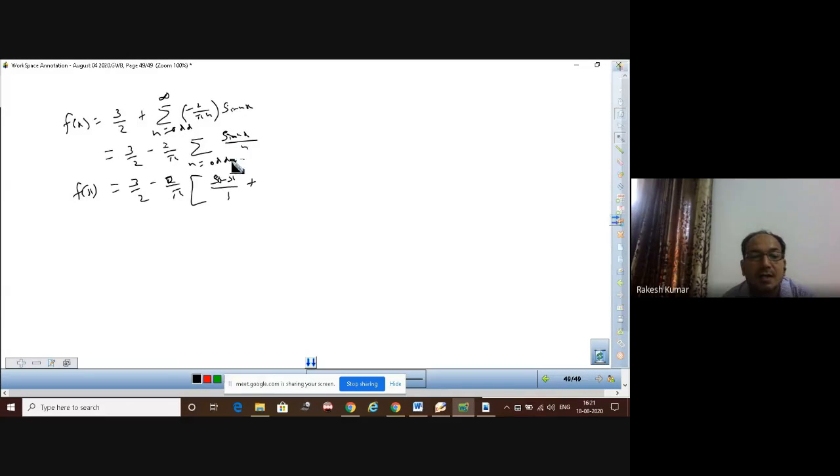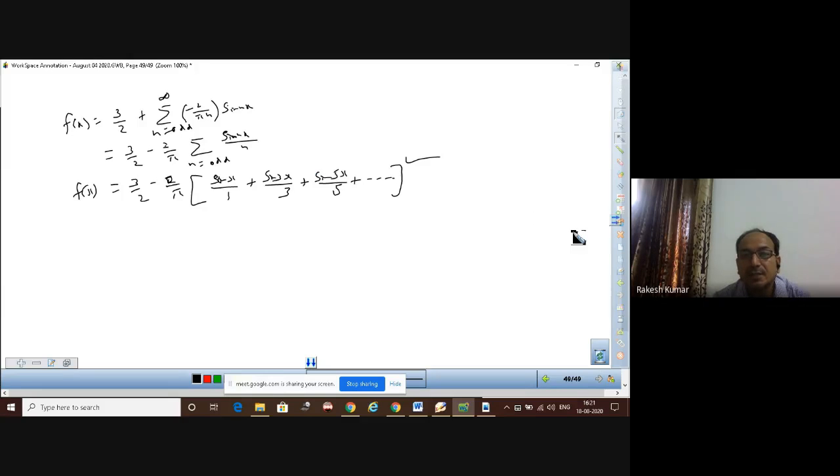The next odd natural number after 1 is 3, sine 3x upon 3, and similarly sine 5x upon 5 and so on. So this is your required Fourier series of the given question. In this way, you can find the Fourier series of a discontinuous function also.